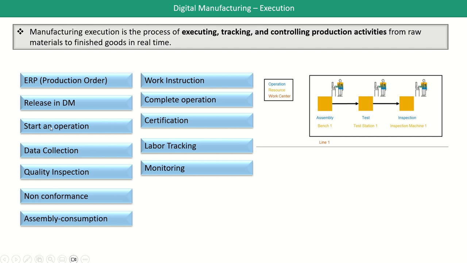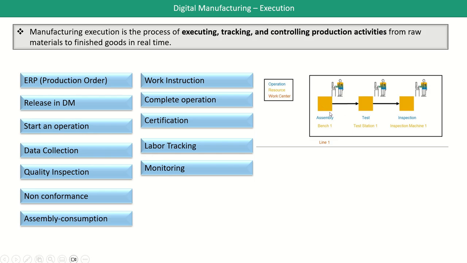After releasing a production order in digital manufacturing, all the operations belonging to the production order that need to be executed in SAP Digital Manufacturing are available on the production operator dashboard.